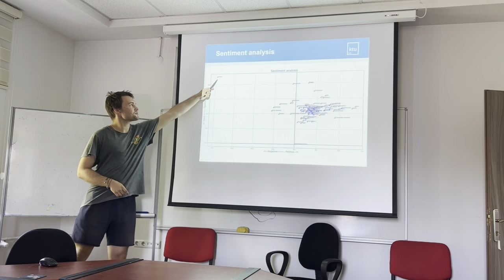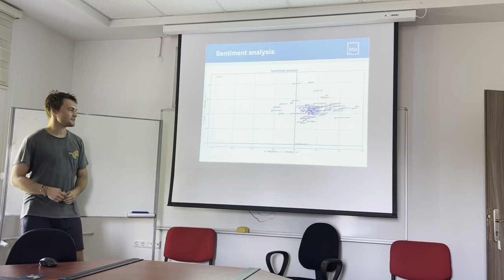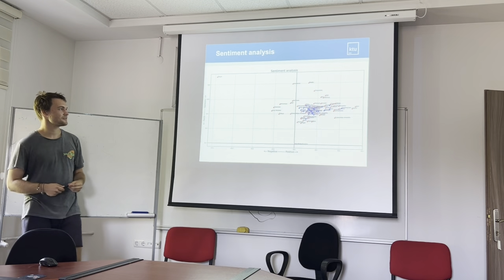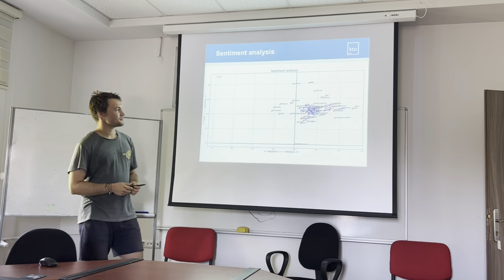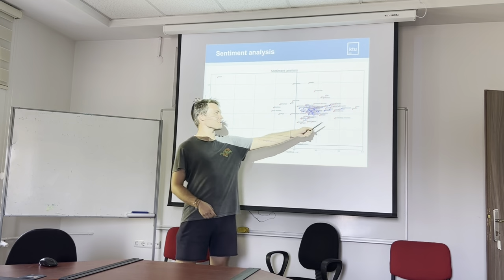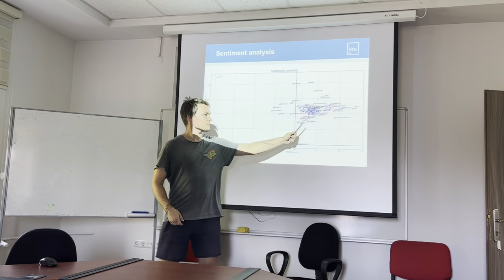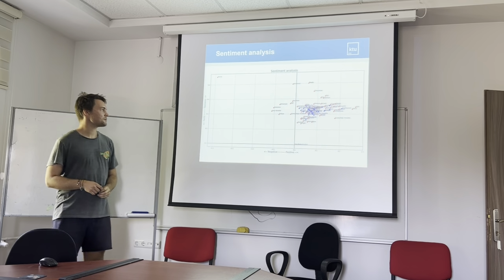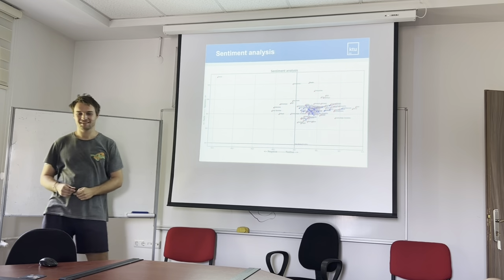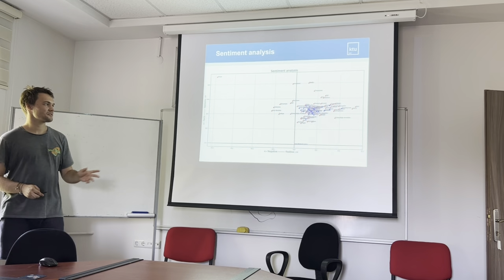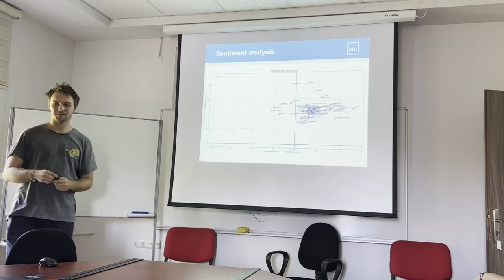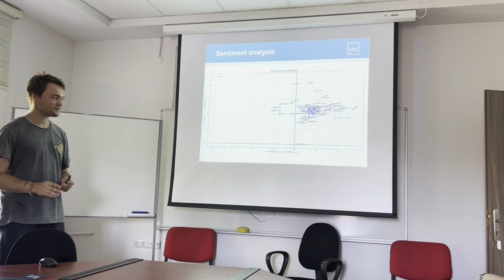You can see Rize was mostly about negative thoughts, and Giresun too, but most of the regions were in this little cloud, a little bit positive but mostly opinionated. And the red dots mean below average and above average songs.